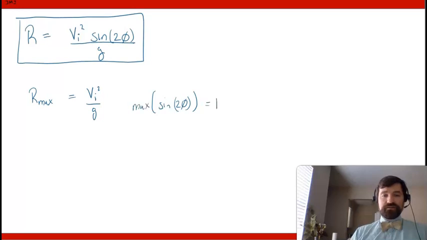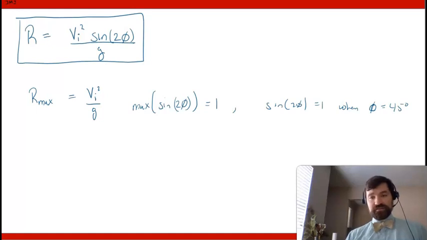is equal to 1. And sine of 2 phi equals 1 when phi is equal to 45 degrees. It also technically would work for phi equal to 135 degrees.